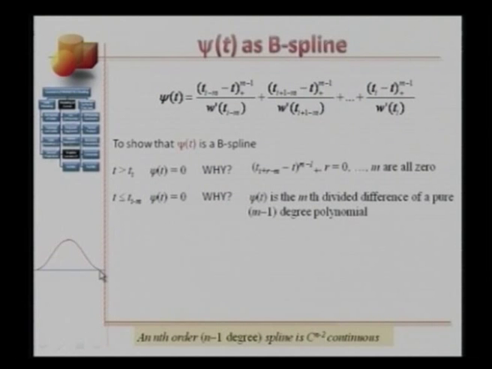So we have figured that psi is 0 for t greater than ti, which is this range here, and psi is 0 for t smaller than or equal to ti minus m, which is the range to the left here. How about for values of t in between ti minus m and ti? That is here. We'll see that psi of t is standardized.